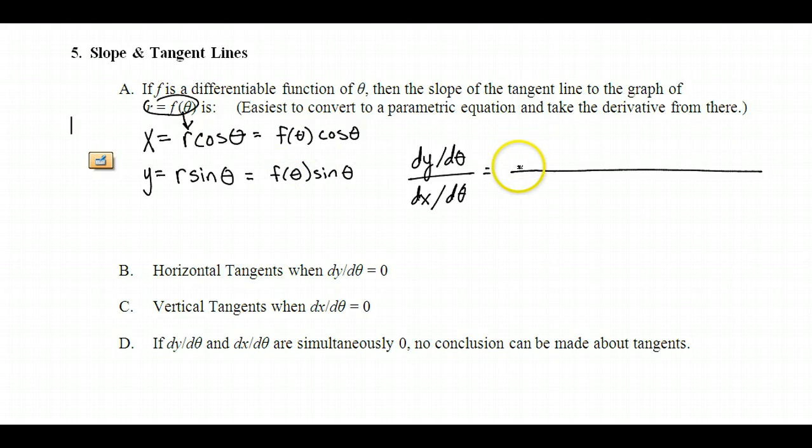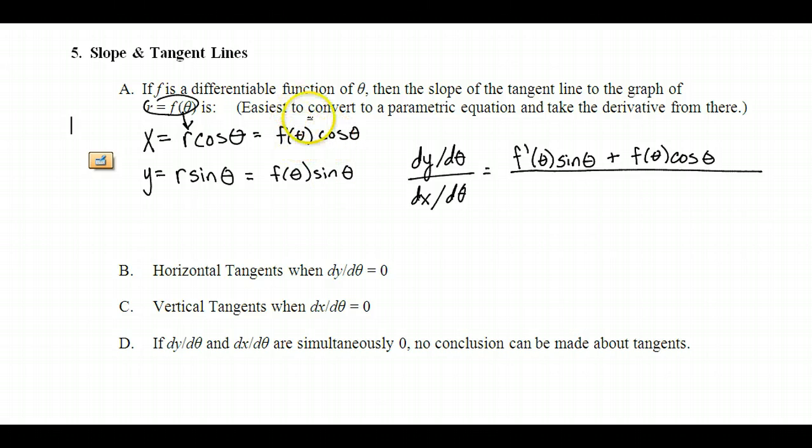So it's the derivative of our first term, so it's f prime of theta, times our second term, sine of theta, plus the derivative of sine, which is cosine of theta, times our first term. So I'm going to plug in the f of theta to write that down, times cosine theta. So really it's just, okay, take the derivative of this, product rule.